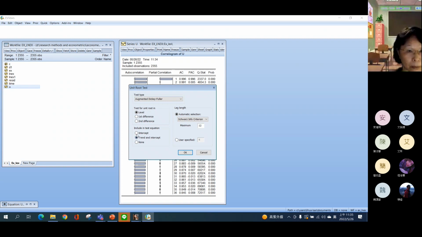What should I choose here? Since I still have trend, I can use trend and intercept. Let me see.